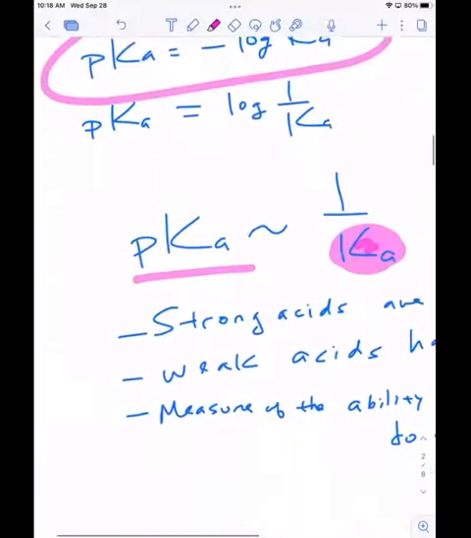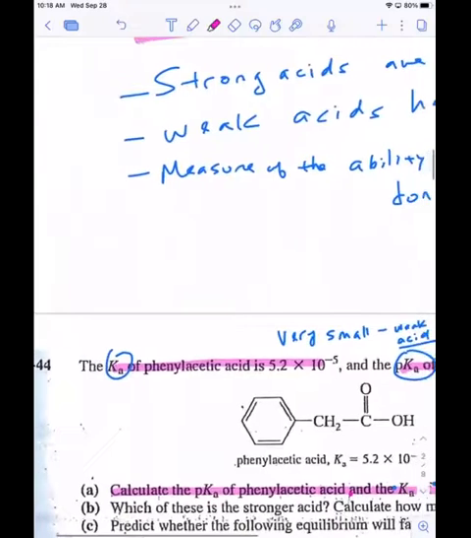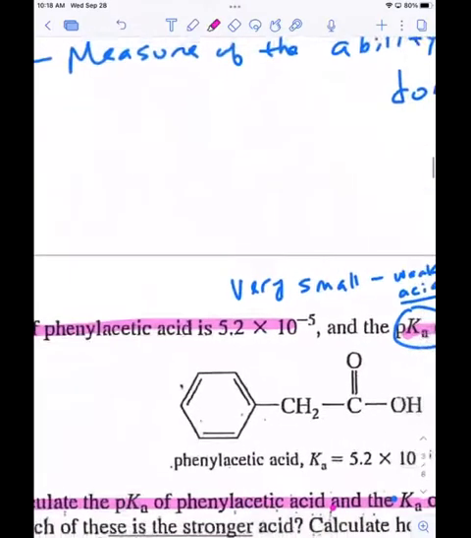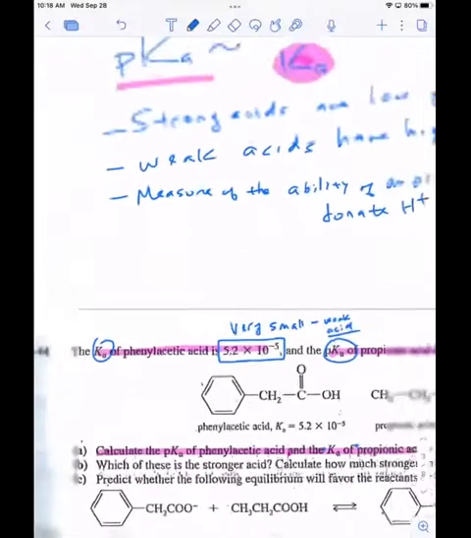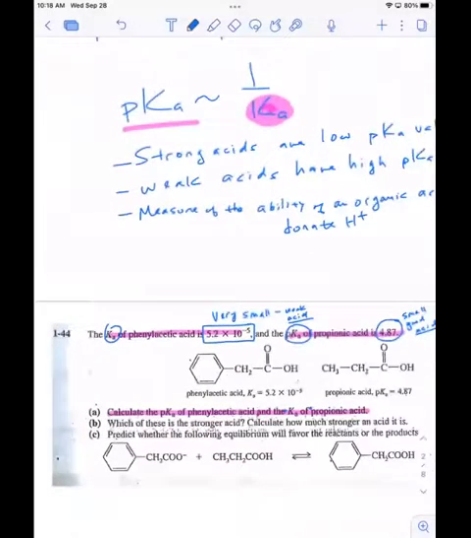Can somebody calculate that for this number right here? 5.2 times 10 to the minus 5. You can just do the inverse of it and then just take the log of that.